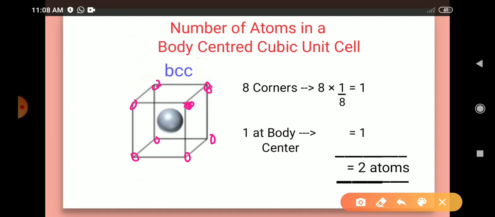So 8 corners into 1/8 is equal to 1. And at the body center, one complete particle is there, so we take it as 1. When you sum these, we get 2 atoms. So we can say that the total number of atoms is 2 in BCC.